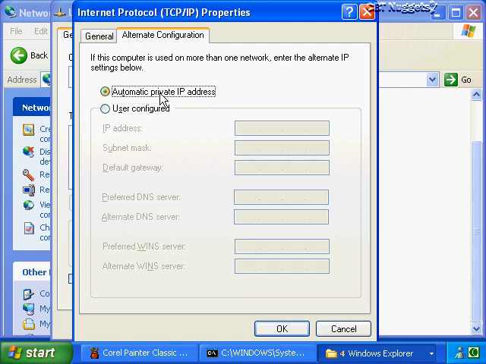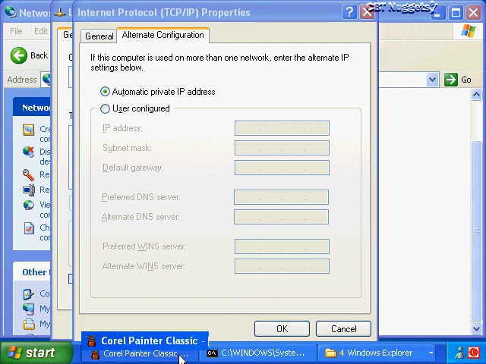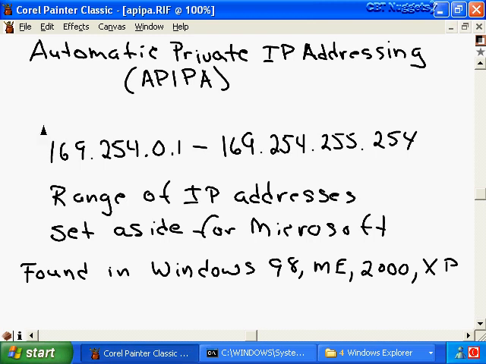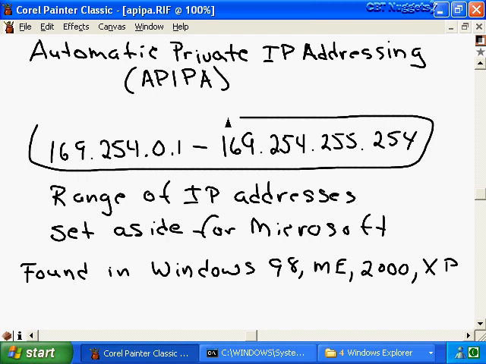Let's talk about APIPA first. So with this option selected and Windows XP boots up and it can't contact a DHCP server within 60 seconds, what's going to happen is the Windows XP computer will automatically assign itself an IP address from this range that Microsoft had set aside from the Internet Assigned Numbers Authority.